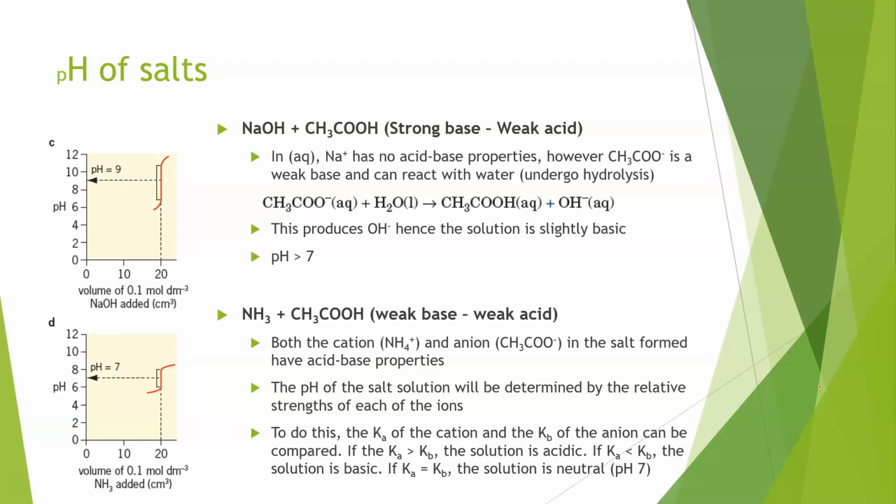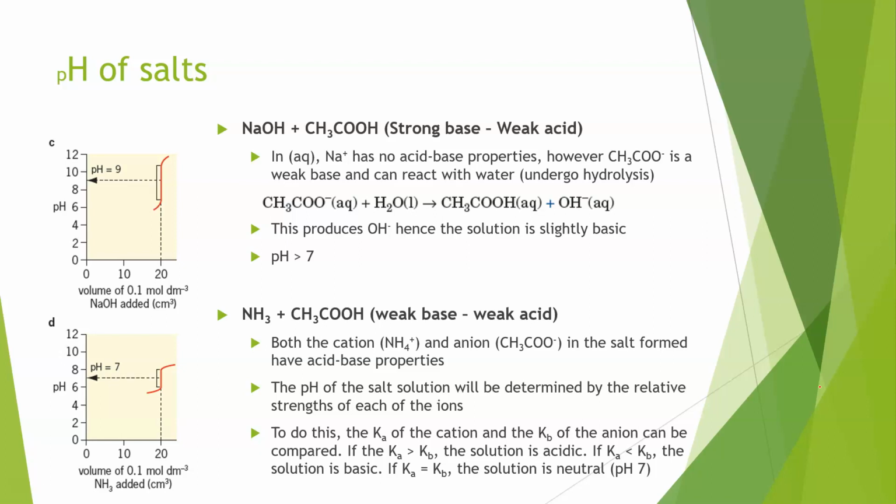When we have a weak acid and a weak base, both the cation, the ammonium ion in this case, where we're reacting ammonia with ethanoic acid, and the ethanoate ion have acid and base properties. In this case, the pH of the salt solution is determined by the relative strength of each ion. We need to look at the Ka of the cation and the Kb of the anion and determine which would be greater.